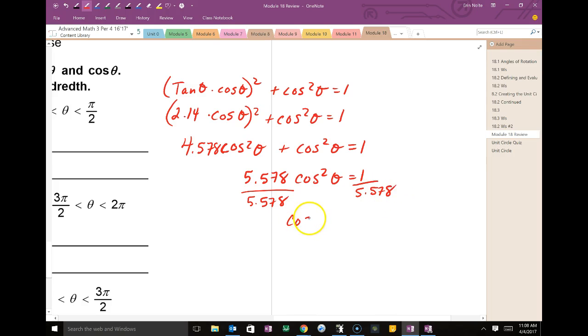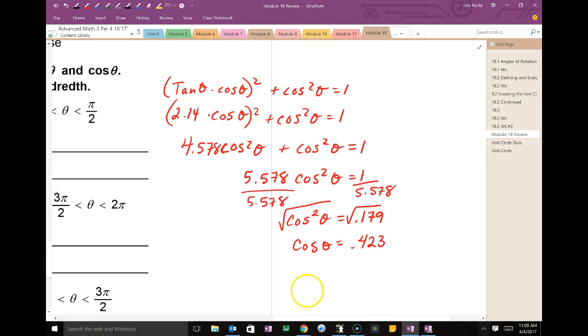What is 1 divided by 5.58? 0.179. Okay, now square root that. 0.423.